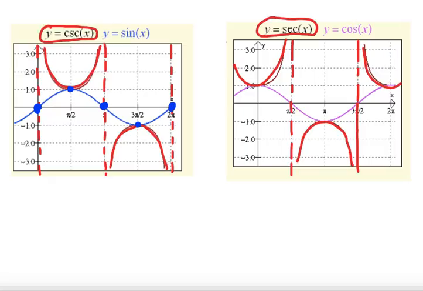So wherever you see cosine hitting 0, that's where the asymptotes are going to go. So cosine hits 0 at pi over 2, there's an asymptote. It hits 0 at 3 pi over 2, so there's an asymptote. And again, at the top of the cosine bump, you're going to put a U shape, and at the bottom of the cosine bump, you're going to put a U shape. So if you can graph cosine, you can turn it into secant pretty easily.